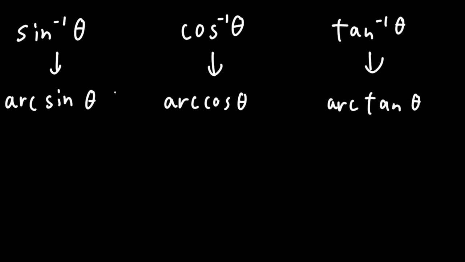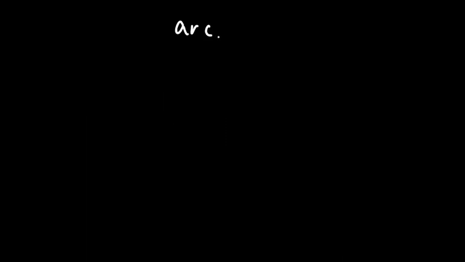Keep in mind that it's up to you whether you want to use arc or the inverse symbol. Normally, calculators like to use the inverse symbol when it comes to buttons, but typically when we're doing word problems on paper, we like to use arc. But again, it's up to you. Arc is my personal preference, so this is what I'll be using throughout the video.